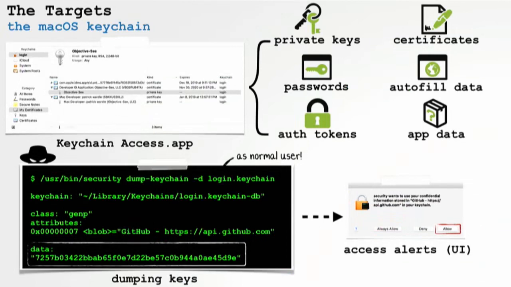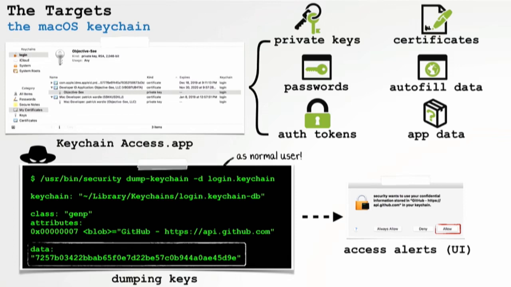Okay, so what are attackers or malware targeting via these synthetic events? Well, we briefly already mentioned the keychain, so let's take a closer look at this now, because it's actually a very common target for both malware and attackers for obvious reasons. It really stores a ton of sensitive information. For example, private keys, passwords, certificates, autofill data, and also even sensitive application-specific data.